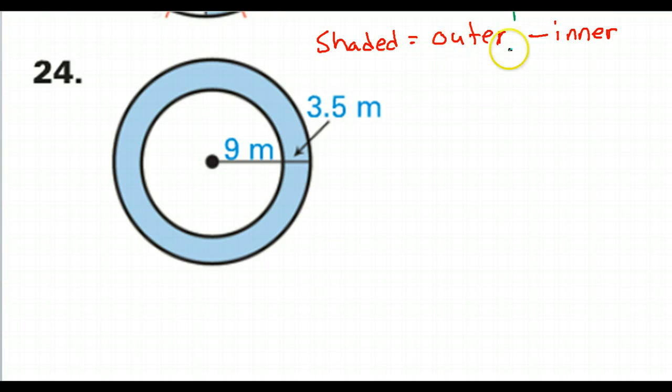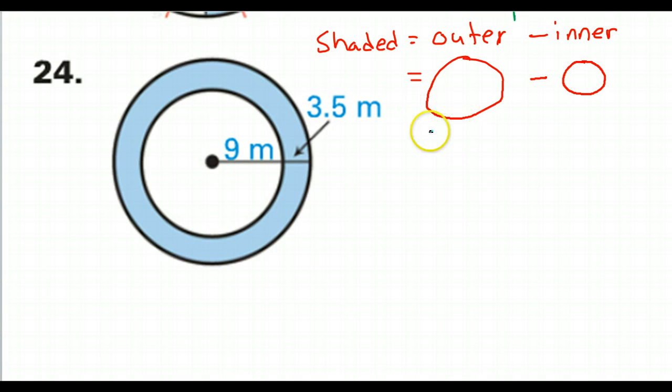So the area of the outer shape minus the area of the inner shape. In this case, the outer shape is a big circle, and the inner shape is a smaller circle. So we will find the area of the outer circle and subtract the area of the inner circle, and that should leave this donut area.